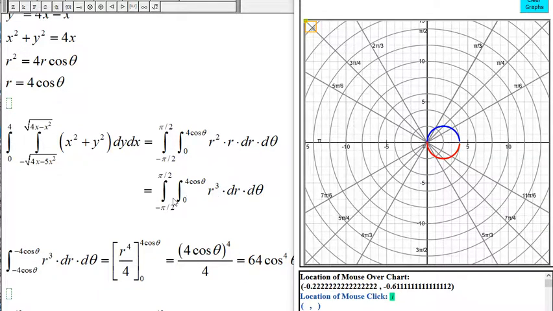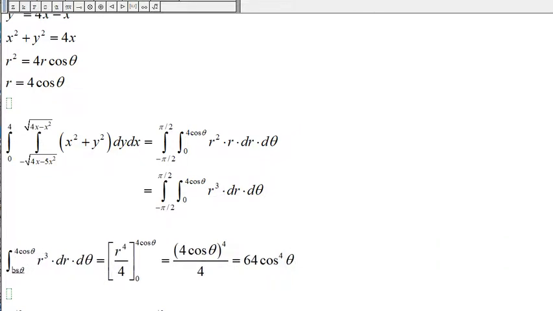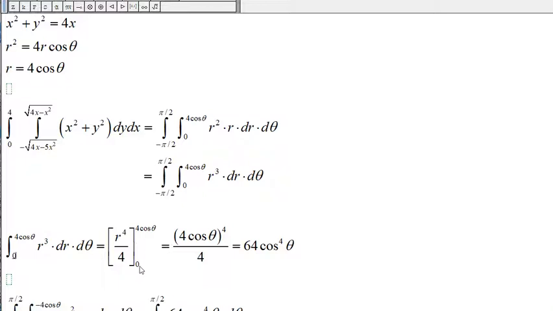Now let's evaluate the inside integral. The antiderivative will be r to the fourth divided by 4. R ranges from 0 to 4 cosine of theta. So we get 4 cosine of theta to the fourth divided by 4. 4 to the fourth is 256, divided by 4 is 64.